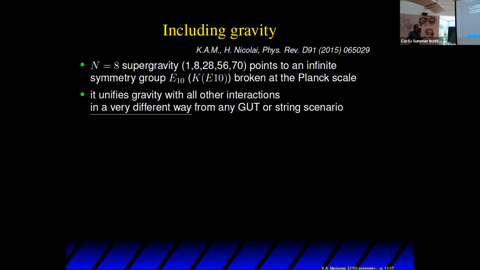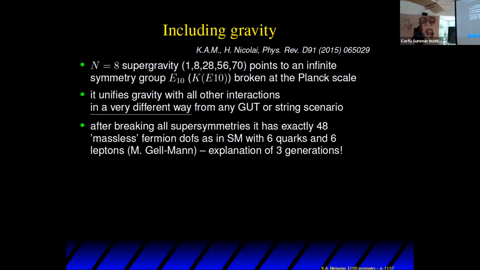But it unifies gravity with all the other interactions in a very different way from any GUT or string scenario. I spent 17 years on string theory, so I really can say that it's very, very different. But since the mathematics is largely unknown, we have to dig out some information from this E10.